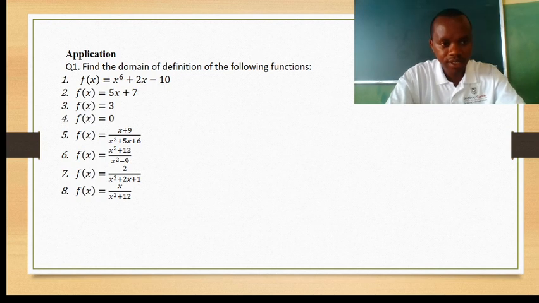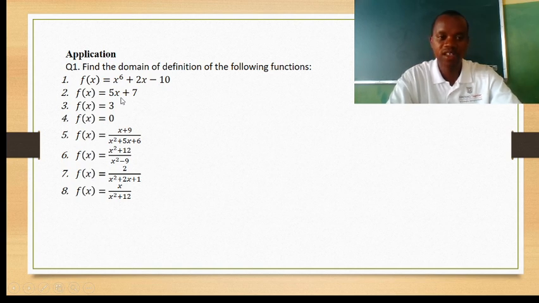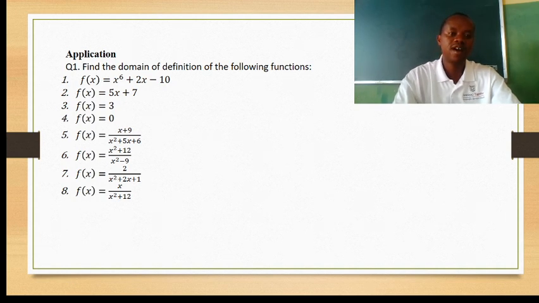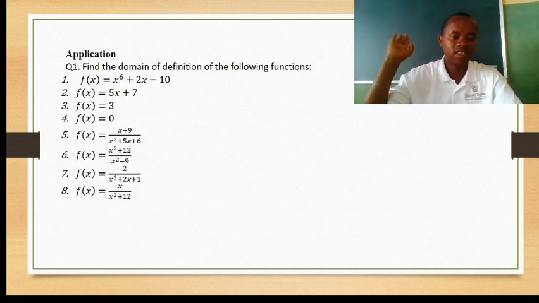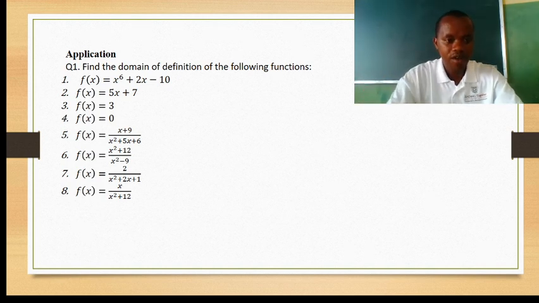For function number 2, also it is a polynomial function. The domain of definition is the set of all real numbers. If you have done it successfully, put your hand up. For function number 3, f of x is equal to 3.